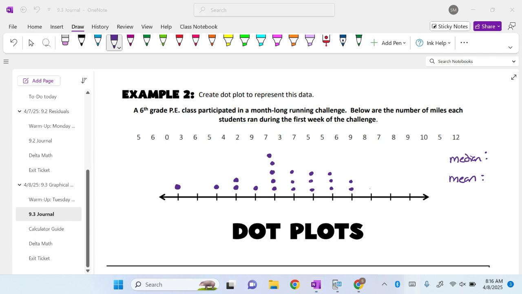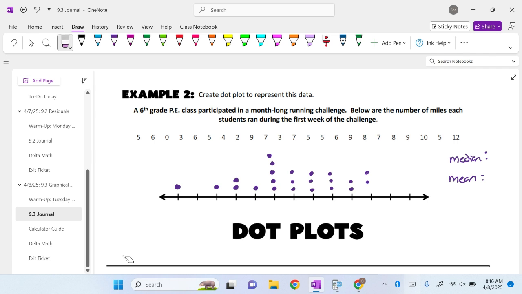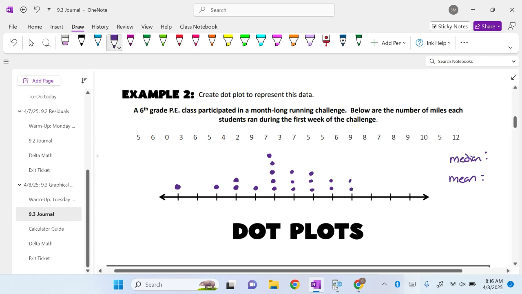So everyone should be graphing the dot plot and answering what the mean and the median is.